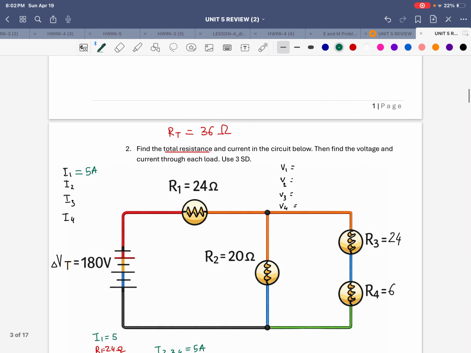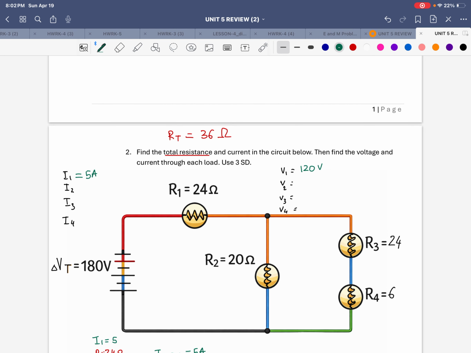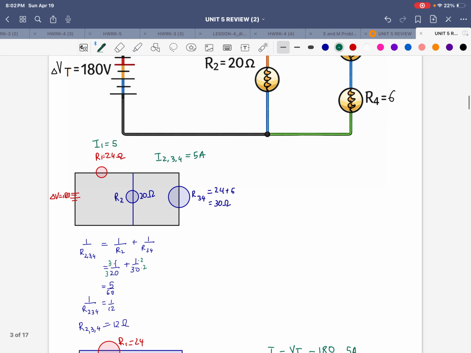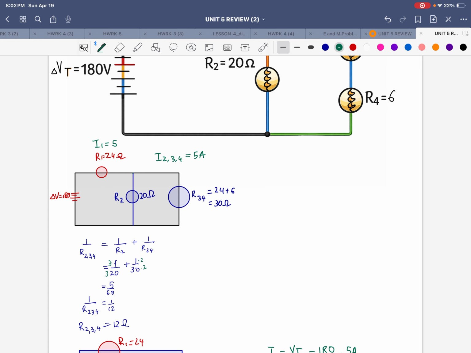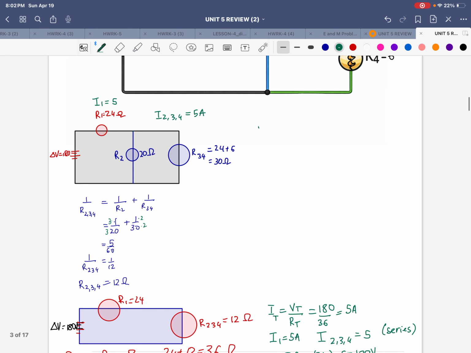So 120 volts would be the voltage drop in R1, which means that the rest will be for the rest of the circuit. So we now have the voltage in 2, 3, 4 is equal to 180, take away 120, because 120 is the voltage in R1, and that will make 60 volts.